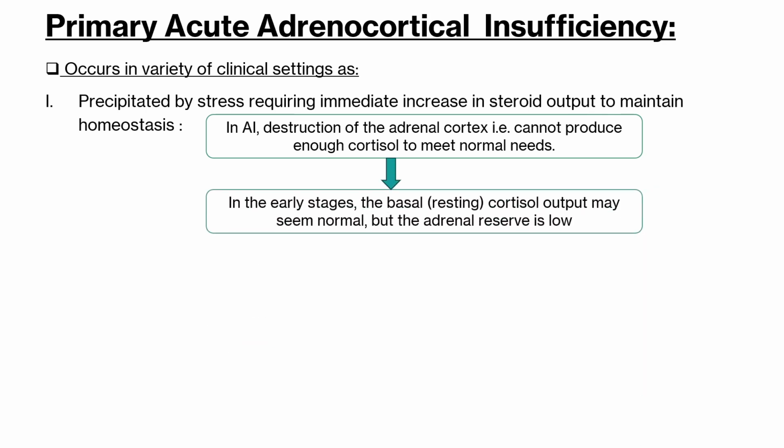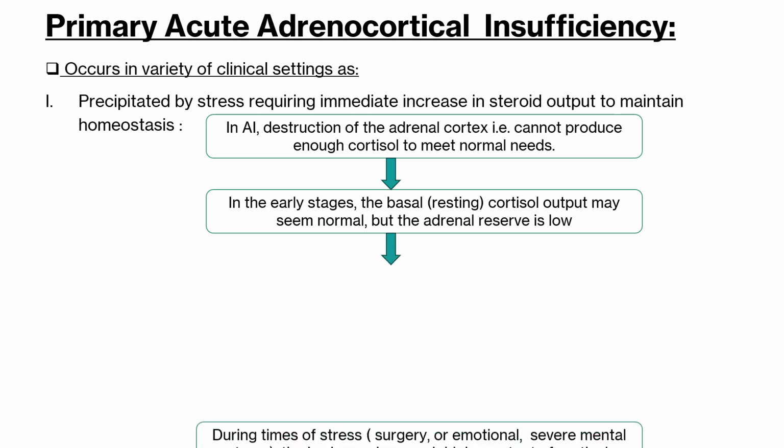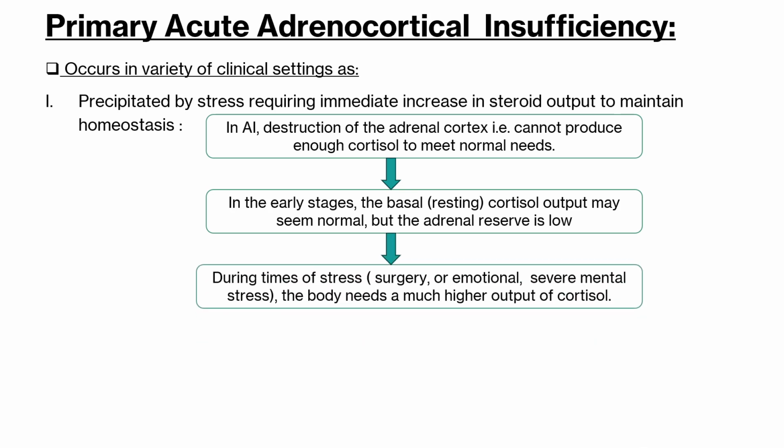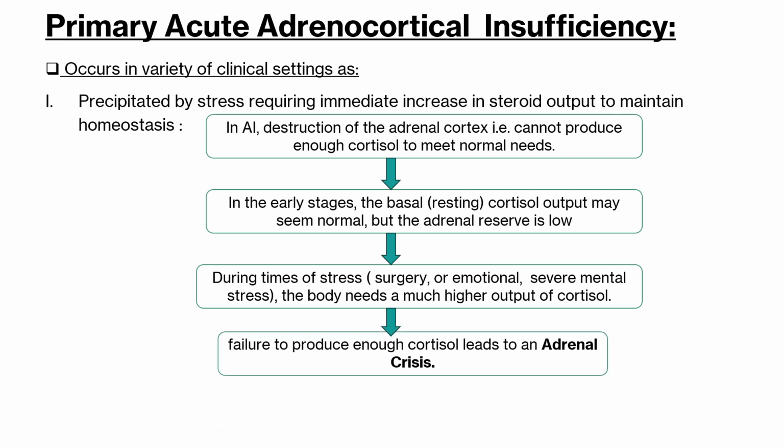At an early stage, the cortisol output will be normal, but the adrenal reserve is low. So during stress, when the body demands a higher amount of cortisol, the adrenal gland is unable to produce enough cortisol, and this leads to adrenal crisis.